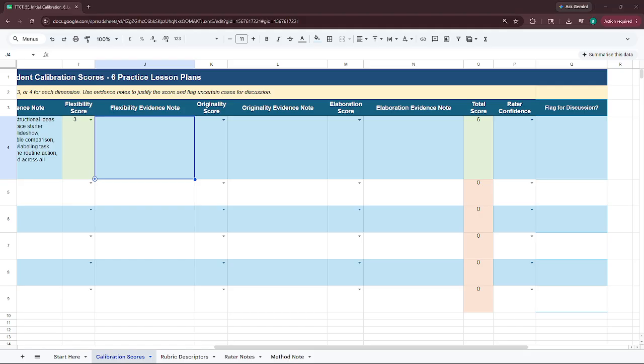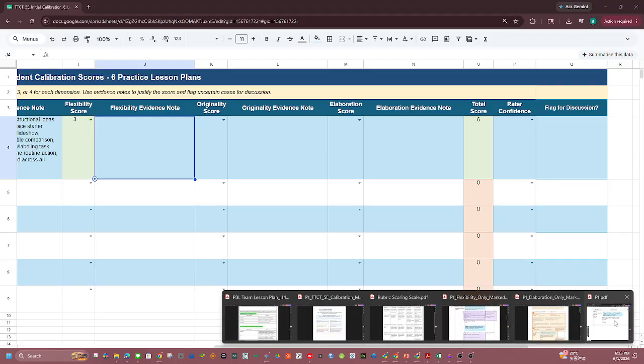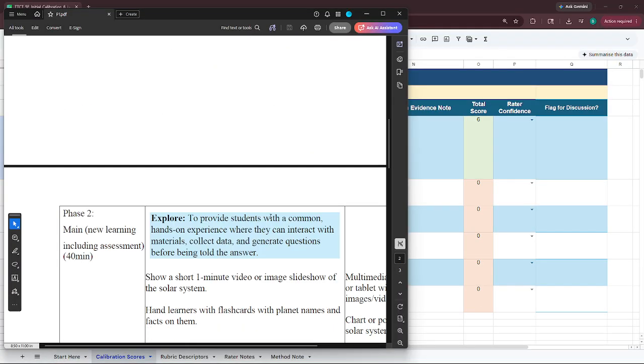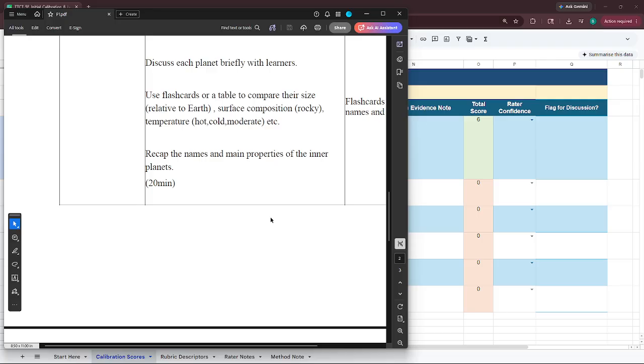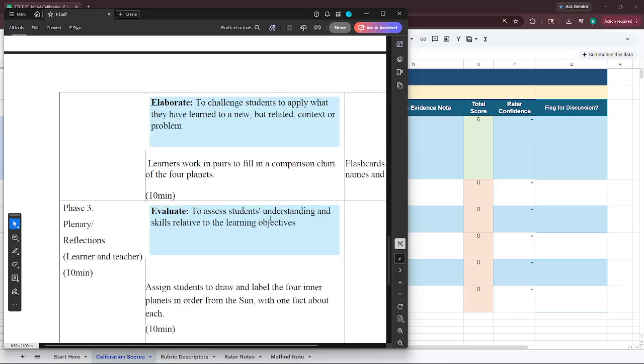So over here, I can see there are a lot of varied approaches, such as questioning, the use of multimedia, flashcards, visual representation, and then some pair work. But remember, the pair work used over here was not for the learners to discover anything, but it was just used as some form of assessment.